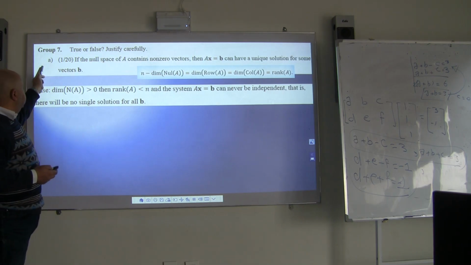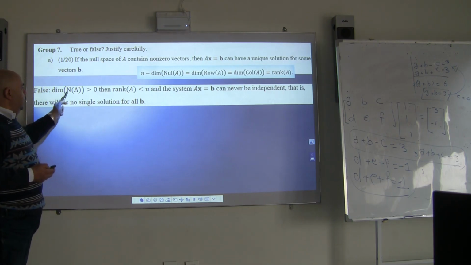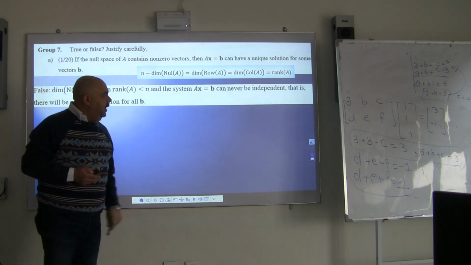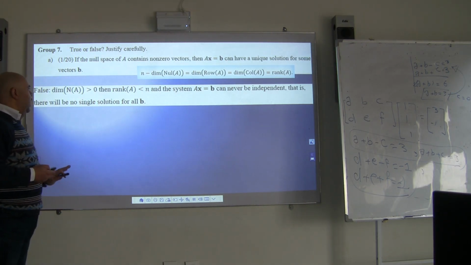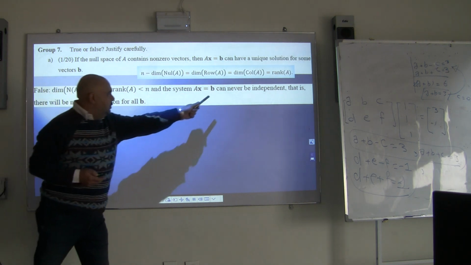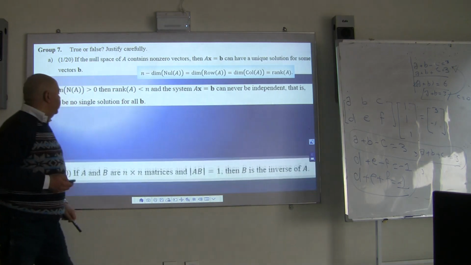So for this statement, the answer is false. If the nullity is more than 0, then the rank will be less than n, and you will never have a unique solution for this problem.